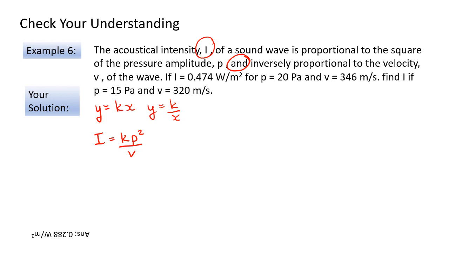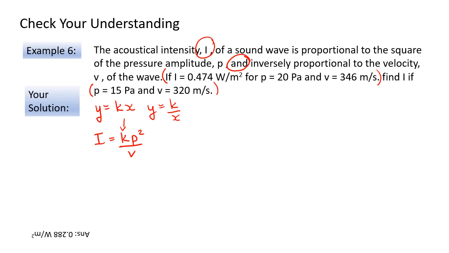All I've done is replace the variables from our base equation with the letters corresponding with this scenario. So now we can go about our business the exact same way we have done for both direct and inverse variation. We're given one data set, and that data set allows us to find the constant k. We then use that constant k in our newfound formula to solve a second data set.